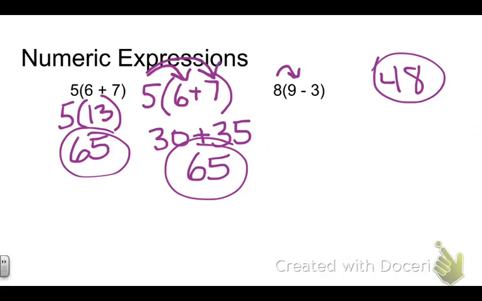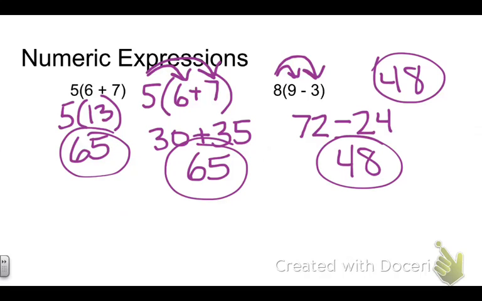We're going to take 8 times 9, which is 72, and then we're going to take 8 times negative 3, and 8 times negative 3 is going to give you a negative 24. If you take 72 minus 24, voila, you've got 48.